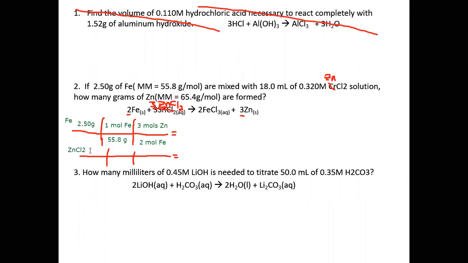We do the same thing for zinc chloride, but instead we start with 0.320 molar. So remember, molar means moles over liters. So we have 0.320 moles.